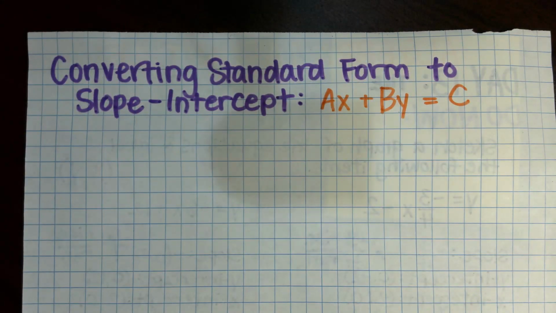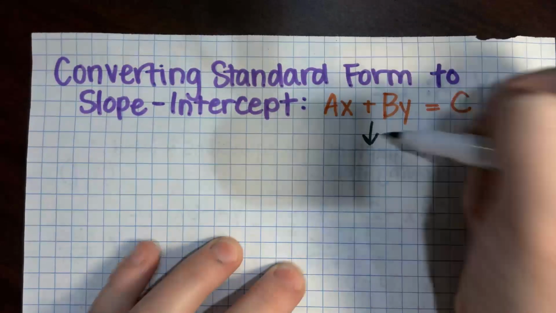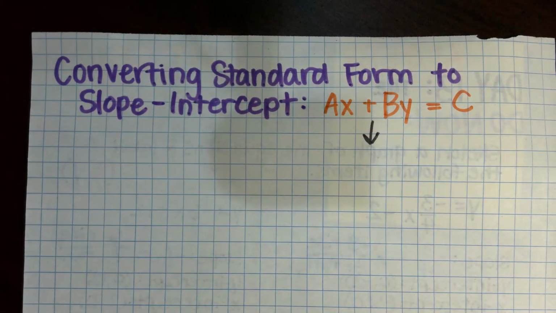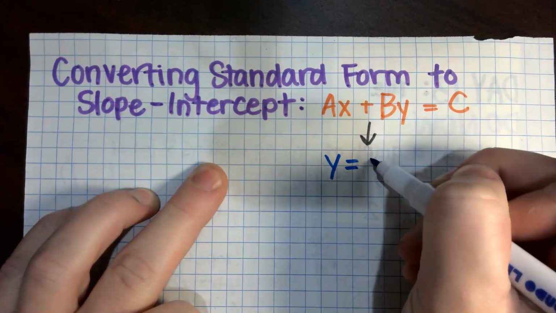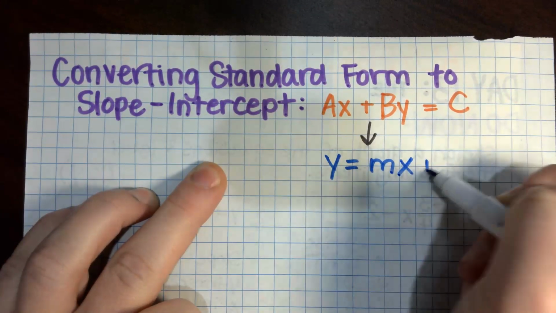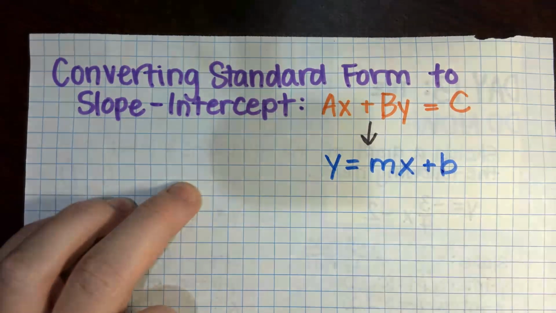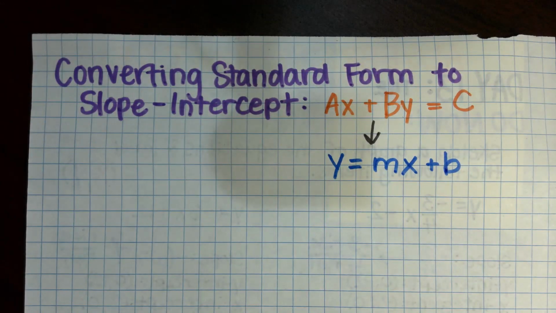Now, we want to get this to turn into y equals mx plus b. So in order to do that, let's start by looking at an example.